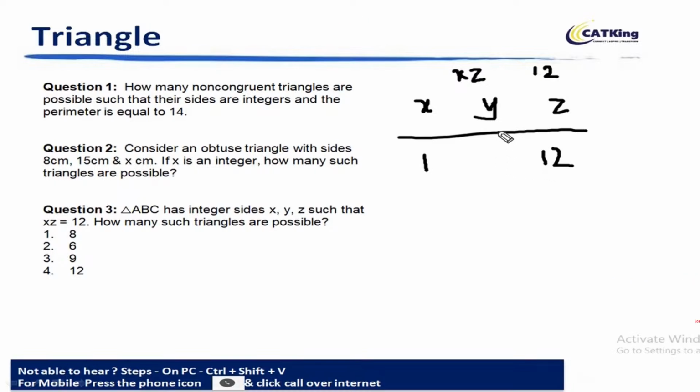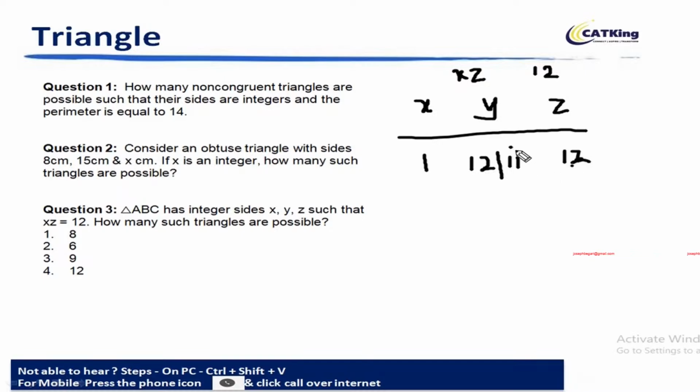In that case, the value of y could be 12, as it satisfies the condition that the sum of two sides is more than the third side. Can it be any other number? Suppose y is 11, then the sum of two sides will not be more than the third side.